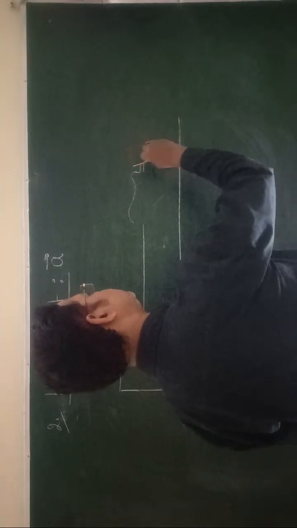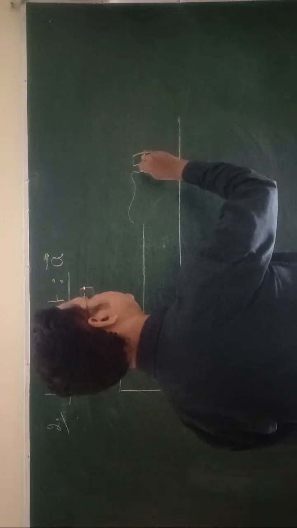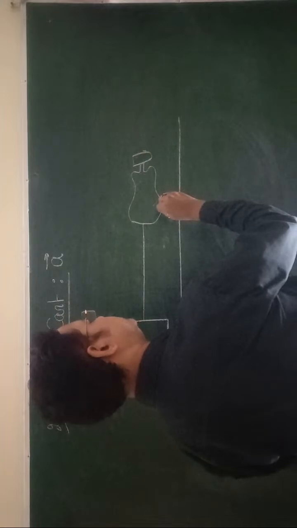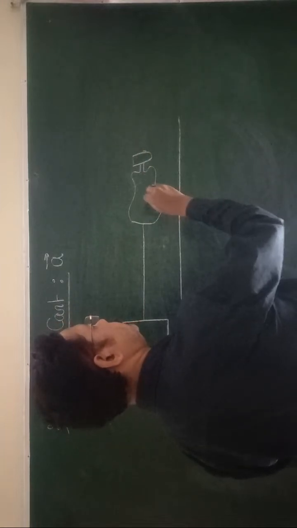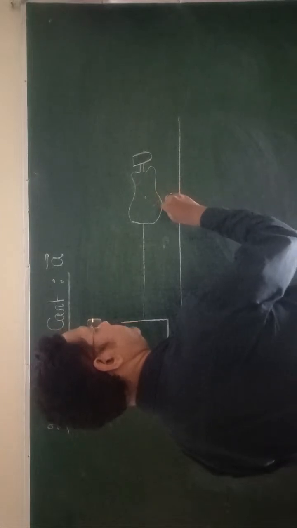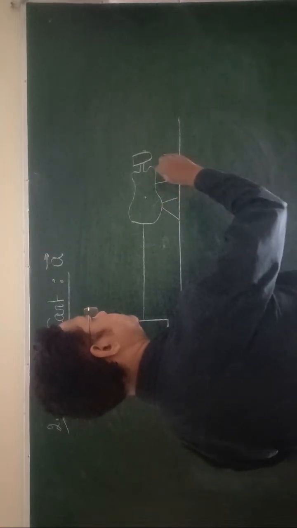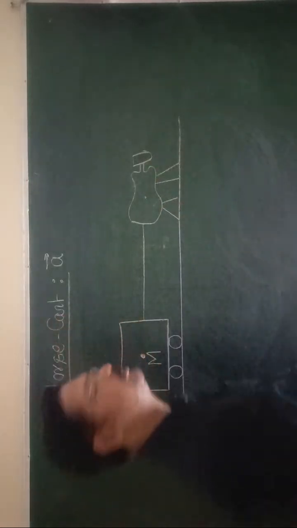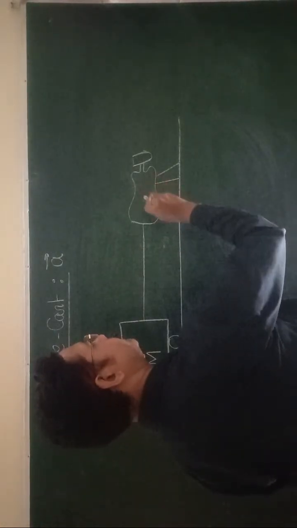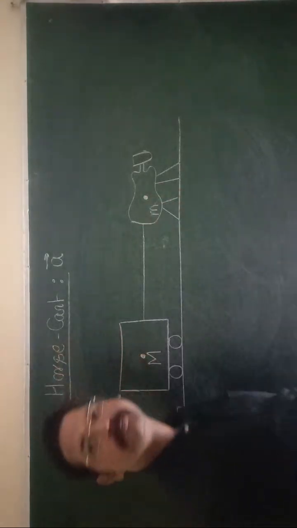Horse bearing the head. There is legs. 4 legs, you know, in the horse. This horse has mass m, a small m.